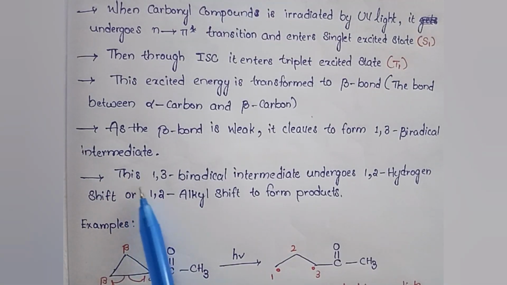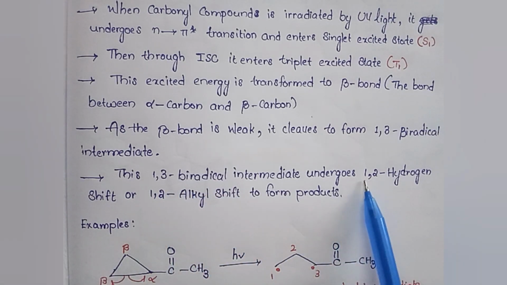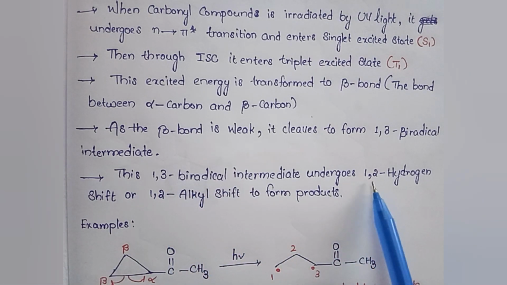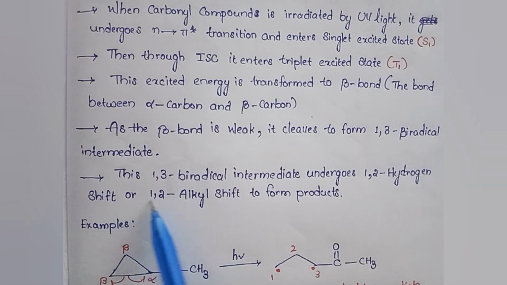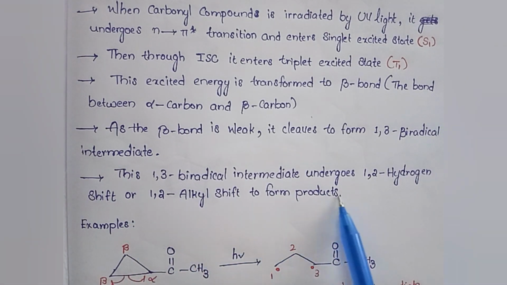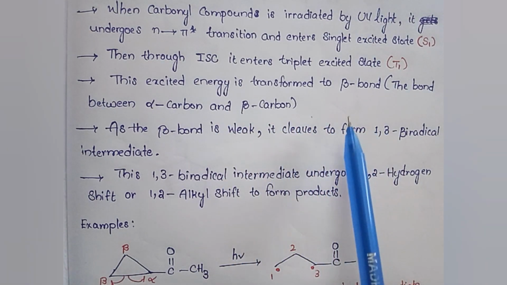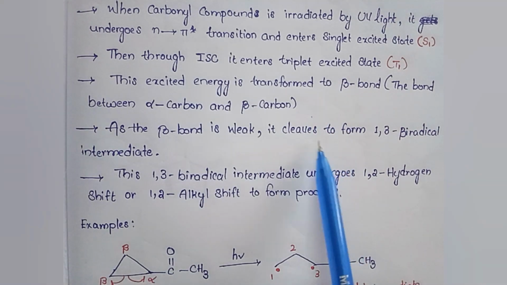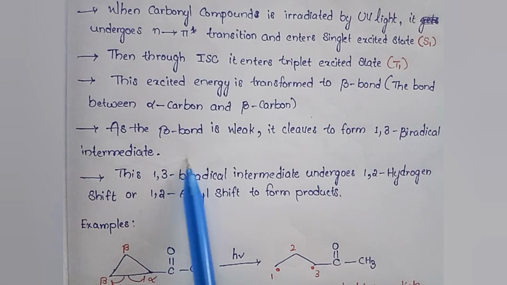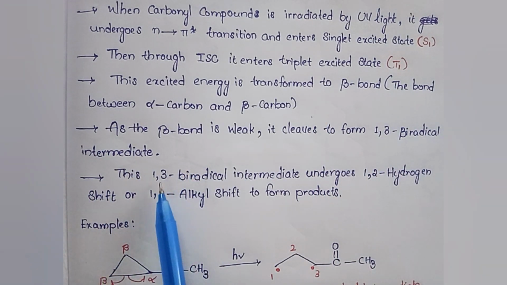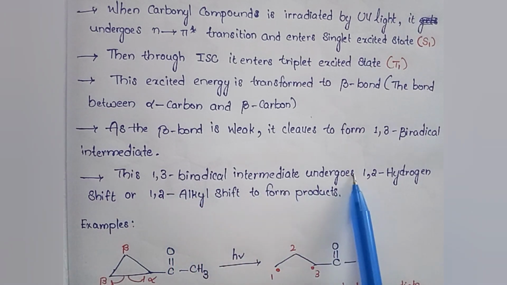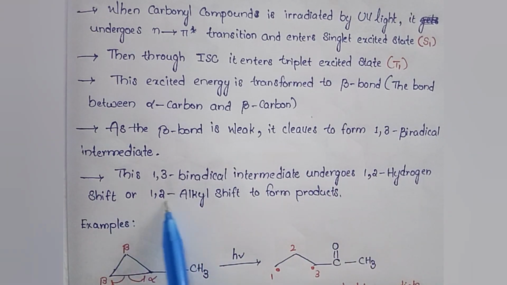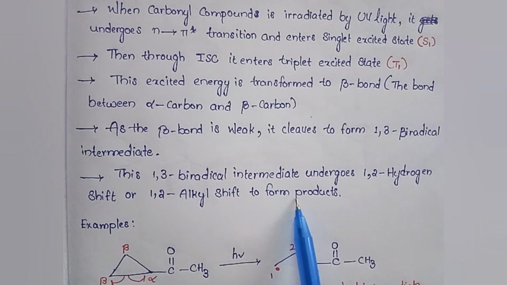This 1,3 biradical intermediate undergoes 1,2 hydrogen shift or 1,2 alkyl shift to form products. The formation of the 1,3 biradical is the primary process. The 1,2 hydrogen shift is the secondary process.